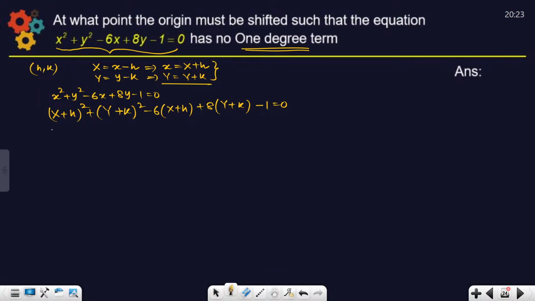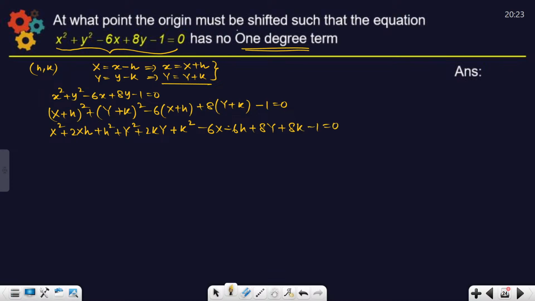So what we are getting? X square plus 2Xh plus h square plus capital Y square plus 2kY plus k square minus 6X minus 6h plus 8Y plus 8k minus 1 is 0.